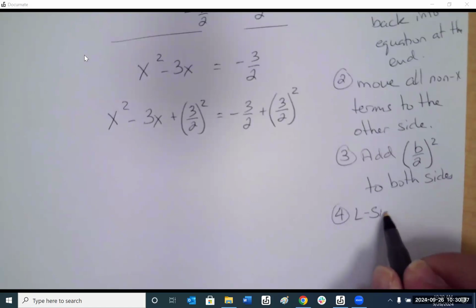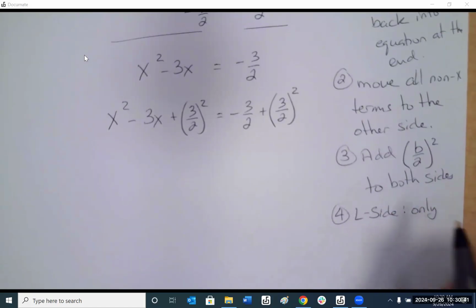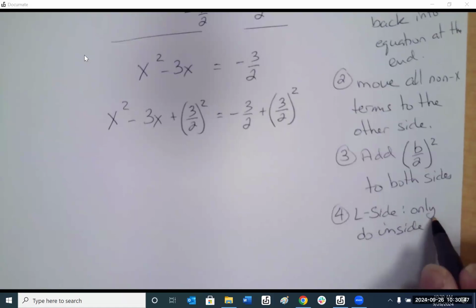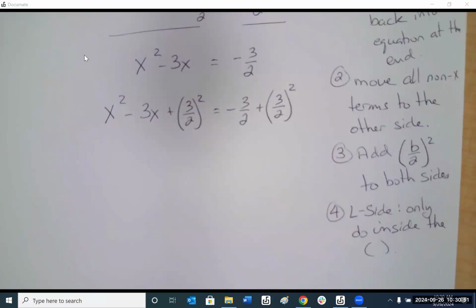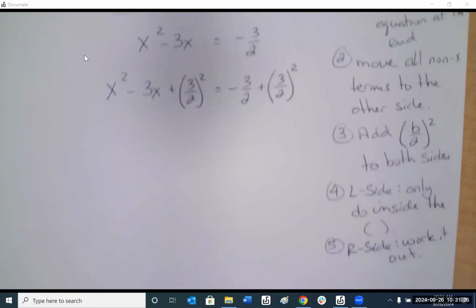On the left side, only do inside the parentheses. Don't square it. The right side, work it out completely.